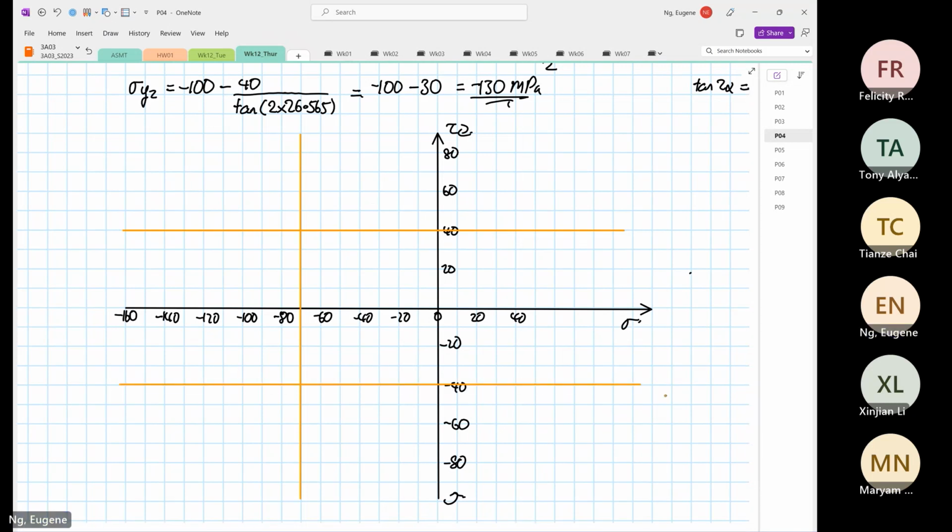Okay, so we know that this is point Z. We know over here this is point X. Okay, I'm going to draw the red box. I'm going to draw the red box to show the boundaries.